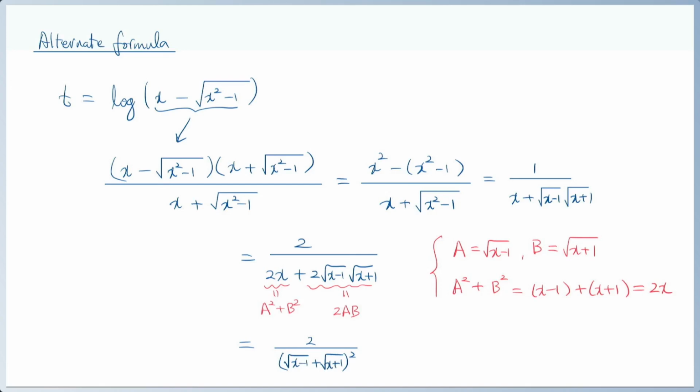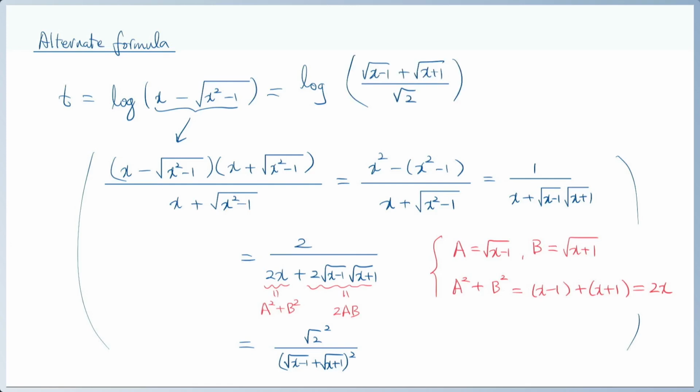If I write 2 on top as root 2 squared, then I can write this as log, and let me write this as root x minus 1 plus root x plus 1, all over root 2.